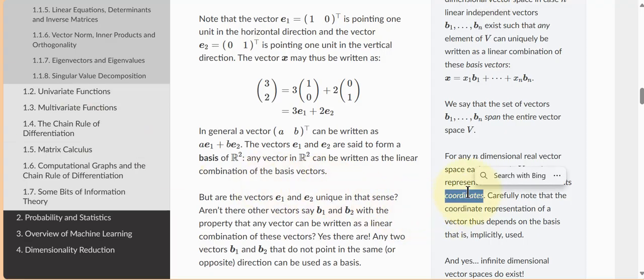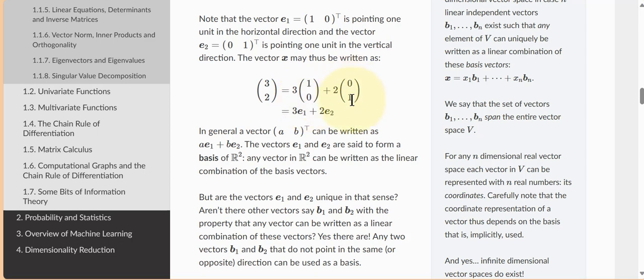So here they use the word coordinates. For any n-dimensional real vector space, each vector v can be represented with n real numbers. So that's what we're going to mean by the coordinates: n real numbers, which we'll call the coordinates. They say, note that the coordinate representation of a vector, so we might say the coordinate representation is 3, 2, but that's when we are thinking of the basis vectors as (1, 0) and (0, 1).